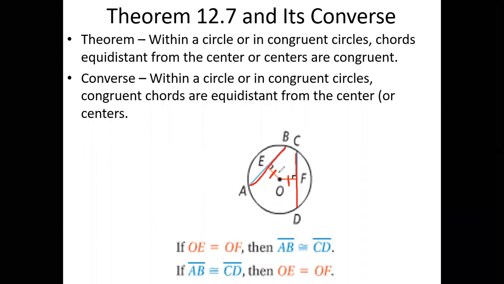That is, if OE and OF have the same measure, then chord AB is congruent to chord CD. So the converse will be, if chord AB is congruent to chord CD, then they will be equidistant from the center. That means the distance from the center to the chord, OE, is equal to OF.